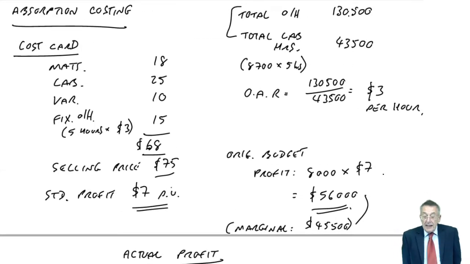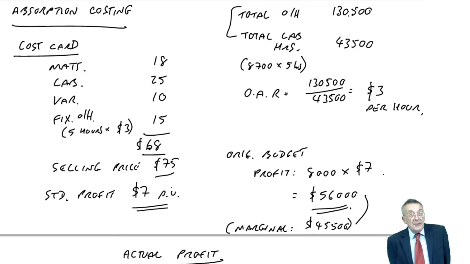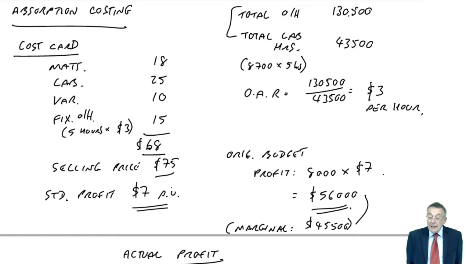And the little problem is that the $7 a unit assumed fixed overheads were $15 a unit. And fixed overheads are only $15 a unit if we produce the budgeted quantity. Because we worked out the 15 by saying it was $3 an hour.